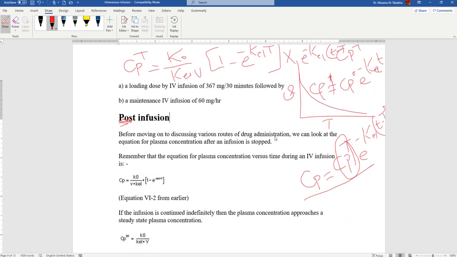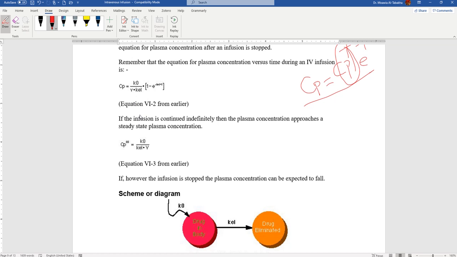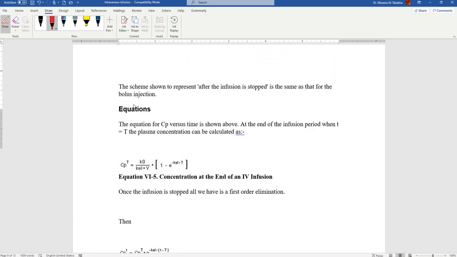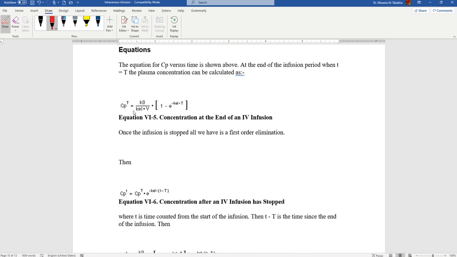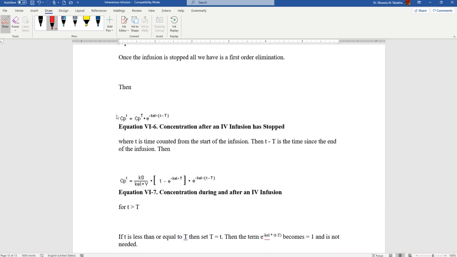Okay, so this is what it's talking about here, and this is our CPT capital, and this is how we know the concentration at any time following IV, when we stop the IV infusion. This is how we do it.